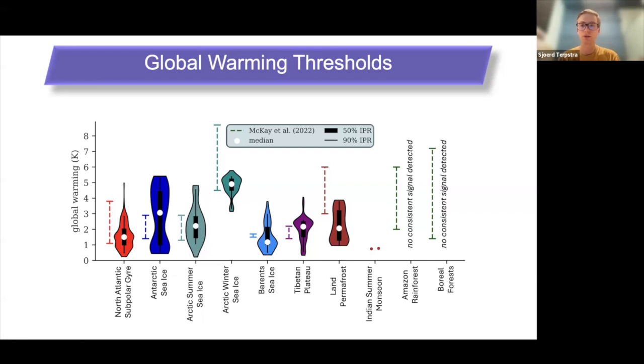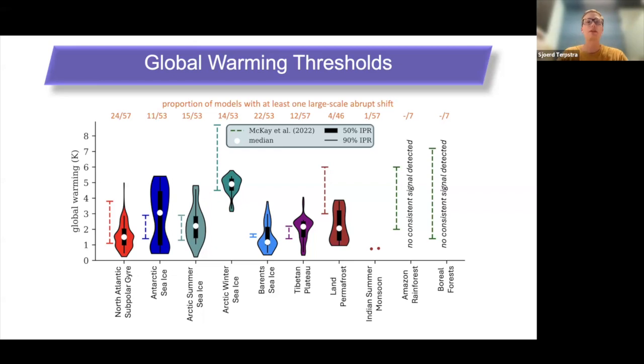And finally, we have the Amazon rainforest and the boreal forest, where because we didn't find a very consistent signal and we know that we missed some events, we chose not to draw a filled plot of the global warming thresholds for those systems. So that's why they're not drawn here. However, from what we do find, it's indeed quite a high spread in these models also.